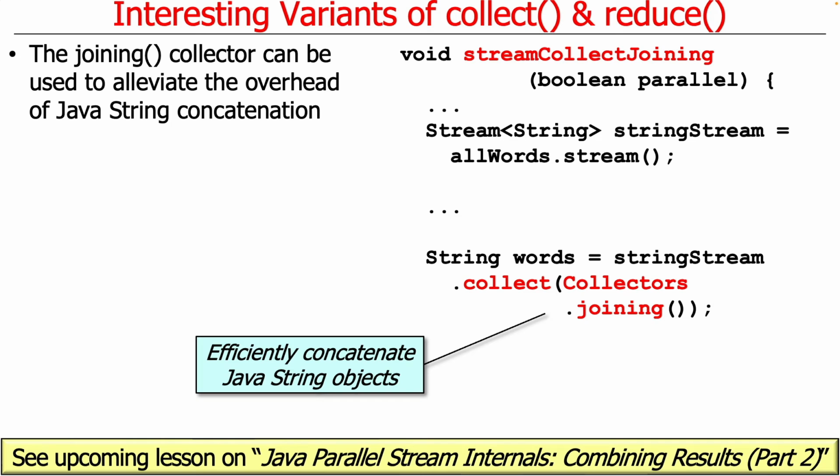So then we can go back to using collect again, and there's another collector called joining. We took a brief look at joining much earlier, but now we're going to look at it in more detail. This is going to concatenate everything together, so we can join all the elements in the stream together. Internally it uses a mechanism that doesn't make copies.